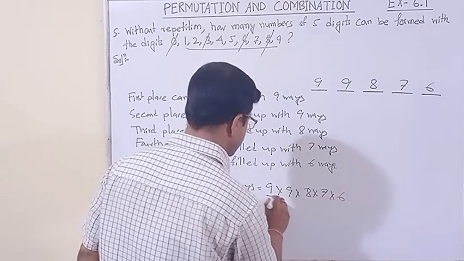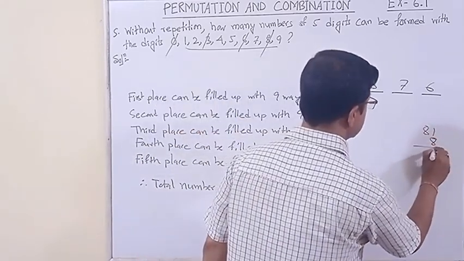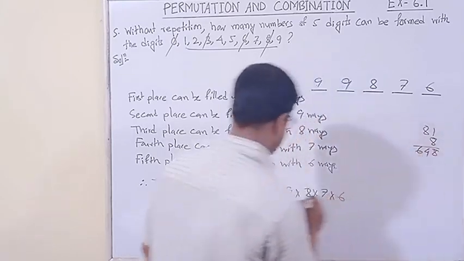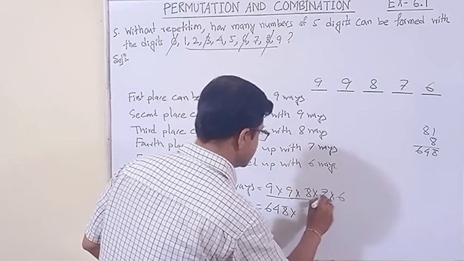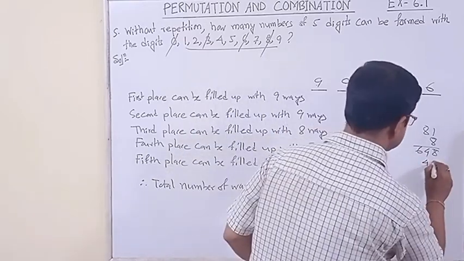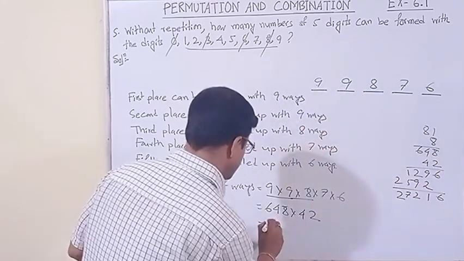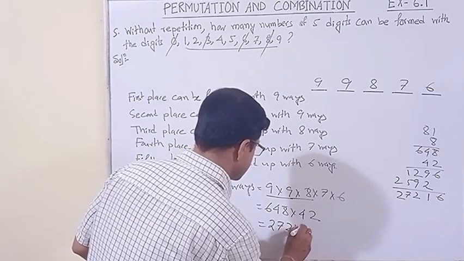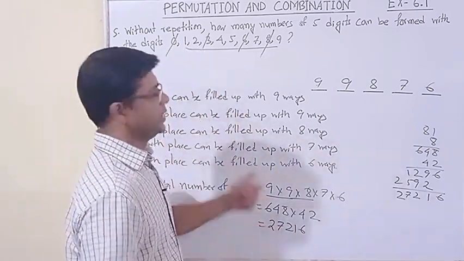Okay, let us multiply. 9 9 is 81. 81 into 8 is 648. Okay, these three are taken. And this is 42. Let us multiply these two. This is 27216. That is 27,216 ways are there. Alright.